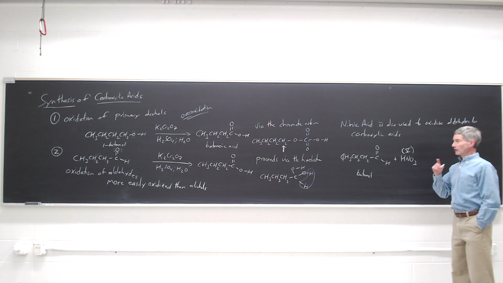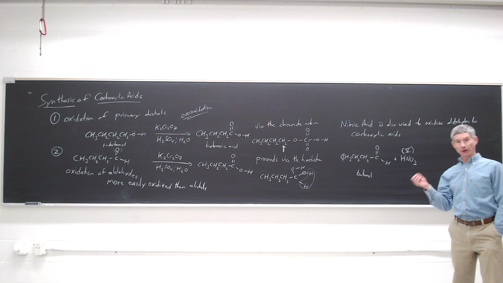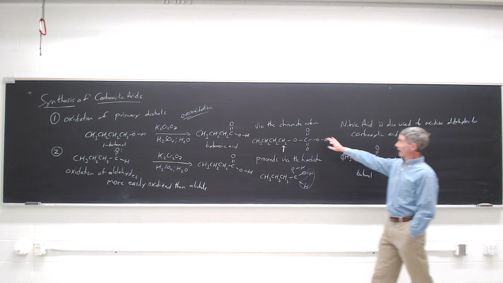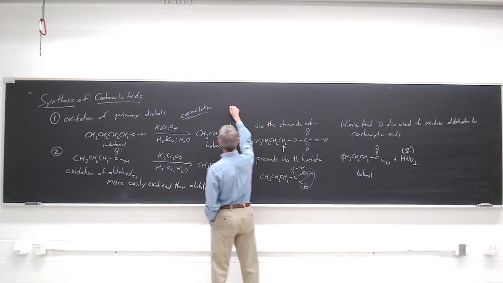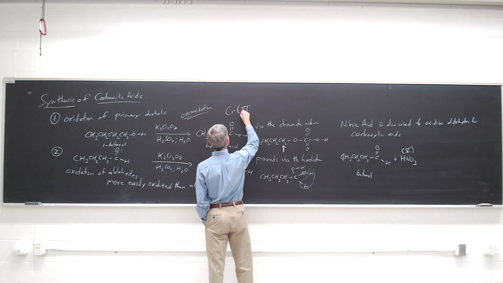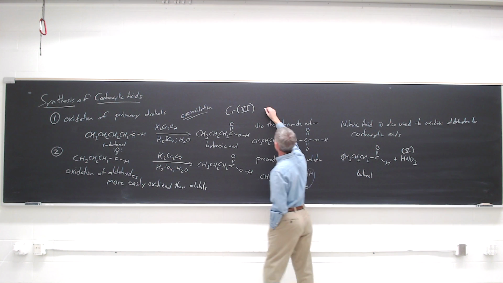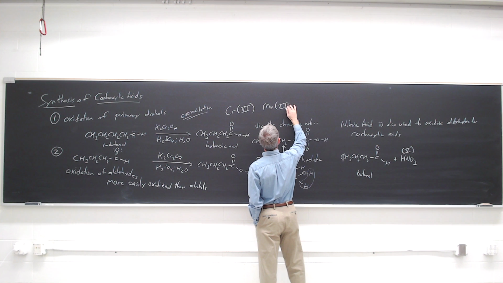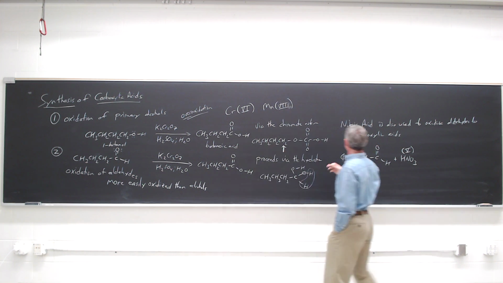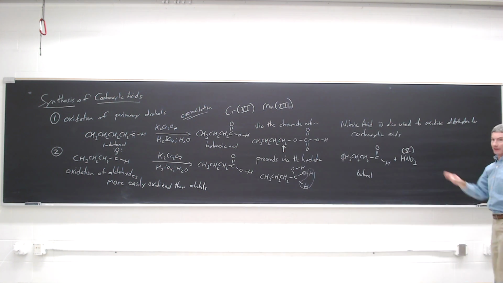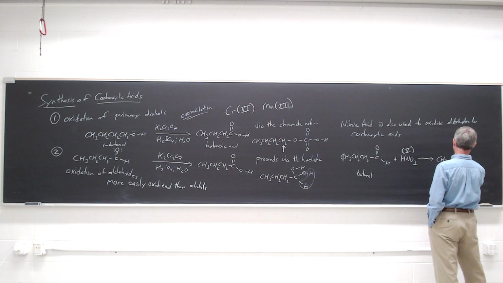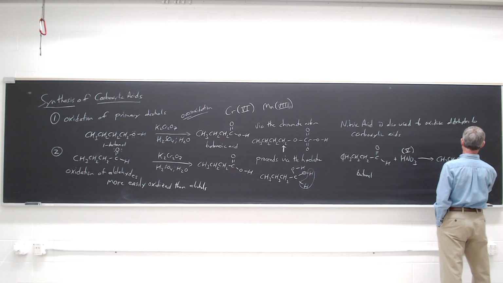And we know that good oxidizing agents include not only oxygen and halogens, but also metals like chromium in its high oxidation state, chromium-6 in this case, or manganese-7. But also nonmetals in a high oxidation state, like nitrogen in a +5 oxidation state, can readily be reduced. And we will get carboxylic acid out.